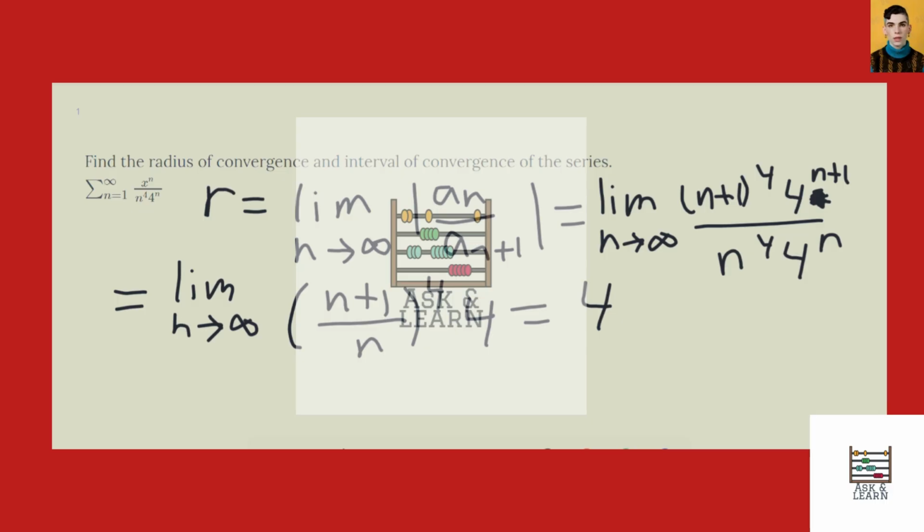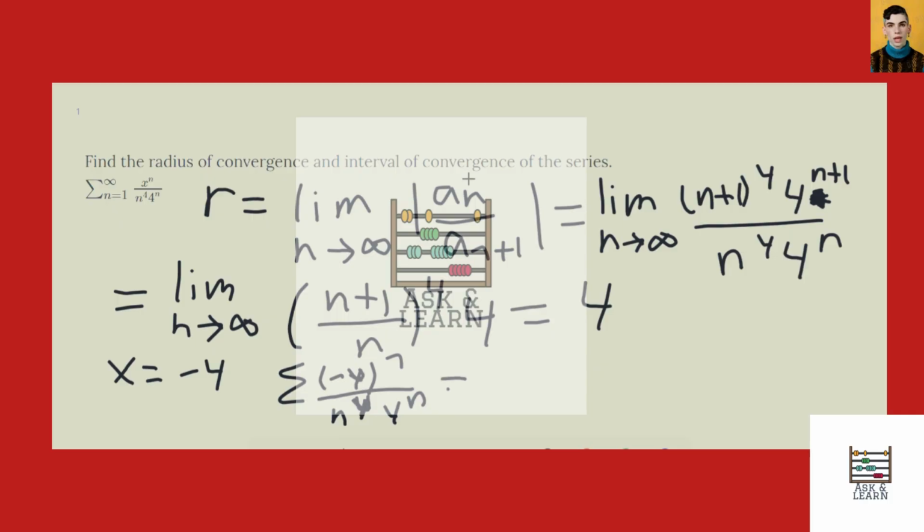For the interval of convergence, we need to check whether or not 4 works when we plug it in here and whether or not minus 4 works when we plug it in here. So when x is equal to minus 4, then we have (minus 4) to the n over n to the fourth times 4 to the n. Sorry for the bad handwriting.